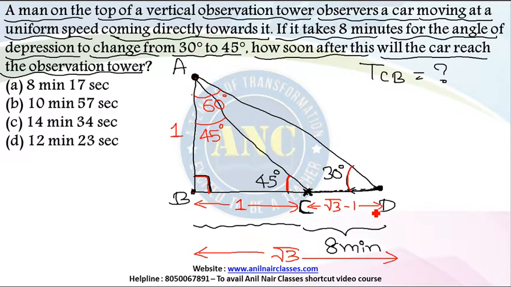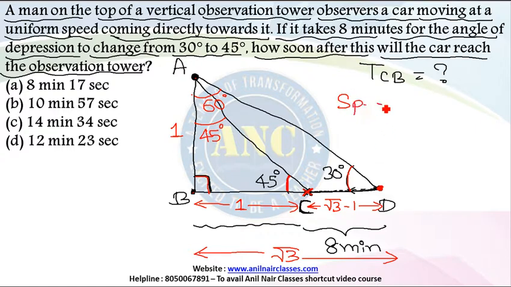That means, can I say that the car initially was at point D, and after 8 minutes it is at point C. That means the time taken from D to C is 8 minutes. Distance from D to C is root 3 minus 1.